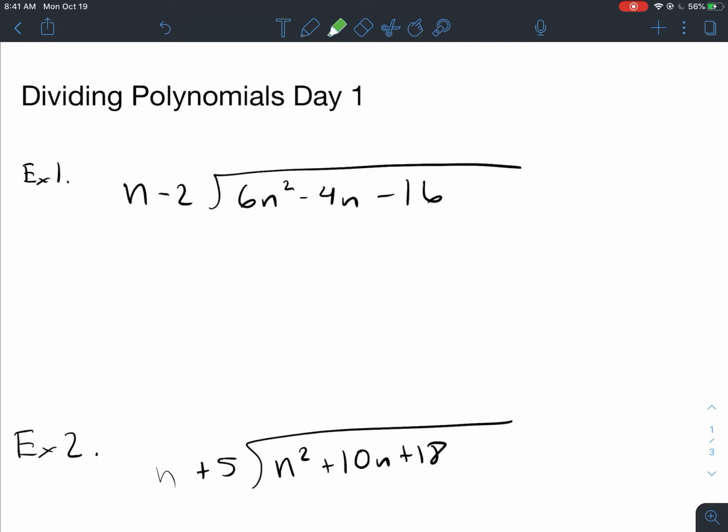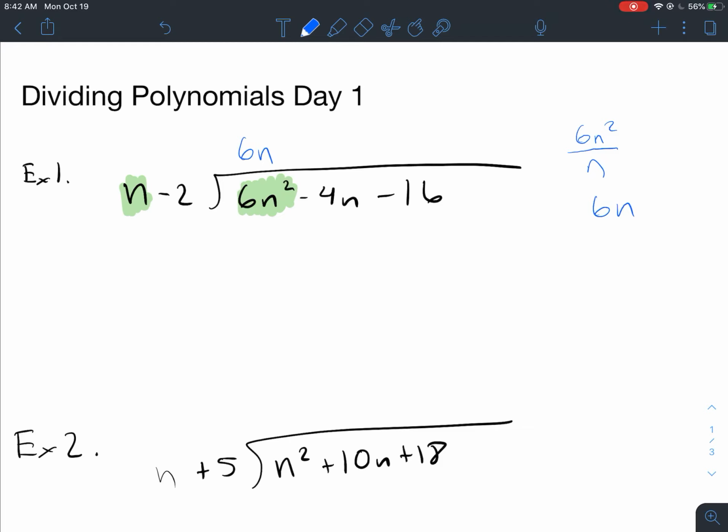The first step is you're going to look at this first term. You take what's inside of the hat, which is a 6n squared, and divide it by the first term here, which is an n. So 6n squared divided by n, we end up with 6n.